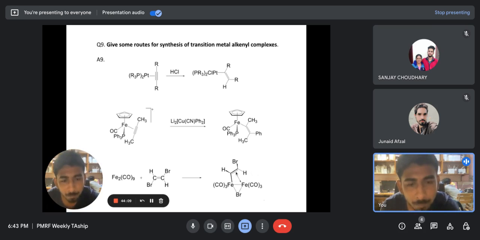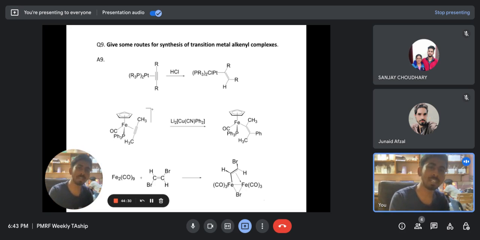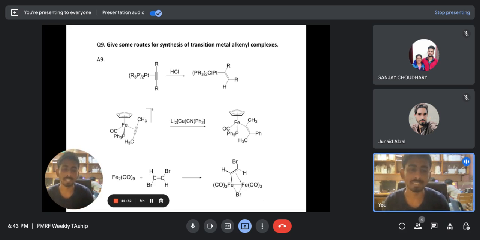So the double bond, that is the olefin group, is now having an interaction with the iron center. So this is an eta-2 kind of bonding with the iron, and we have a three-membered bridge between those two iron centers, where a bond between the iron centers is also present. So these are several classic examples of how we can prepare these transition metal alkynyl complexes.